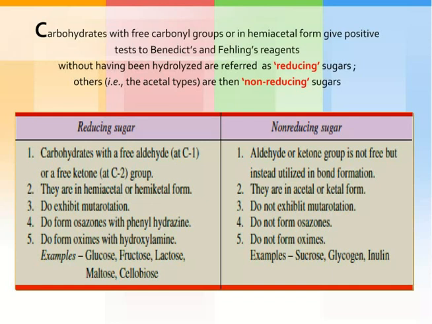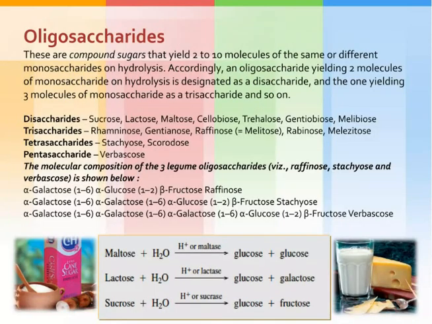Non-reducing sugar: the aldehyde or ketone group is not free but instead utilized in bond formation. They are in acetal or ketal form, do not exhibit mutarotation, do not form osazone, do not form oxime. For example, sucrose, glycogen, inulin. This is very important for the exams. What is the difference between reducing sugar and non-reducing sugar?